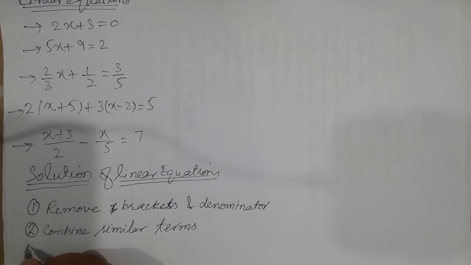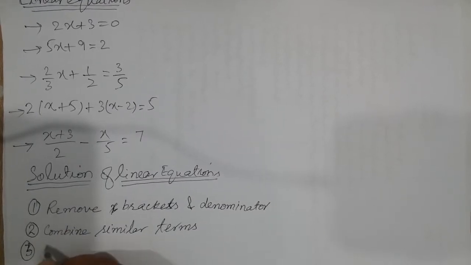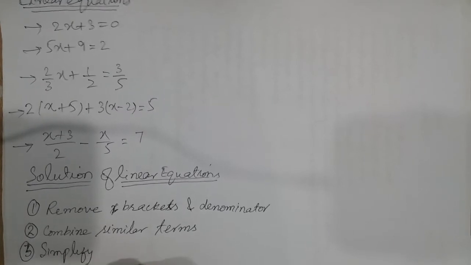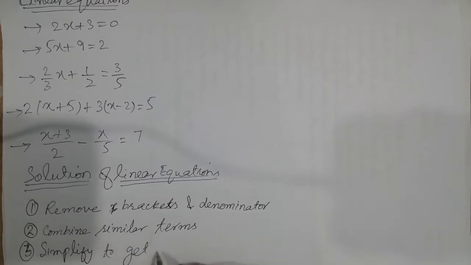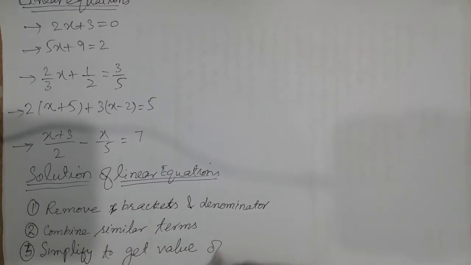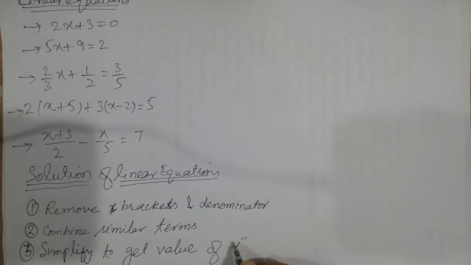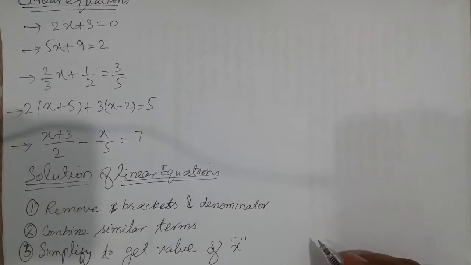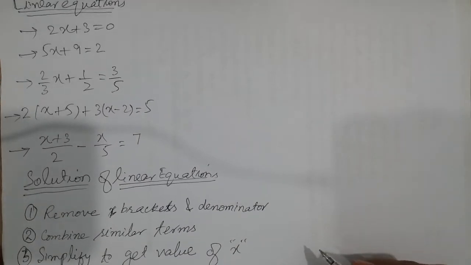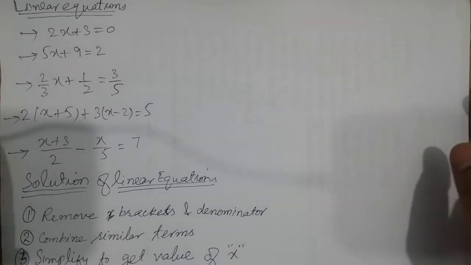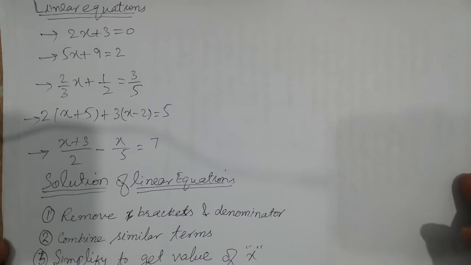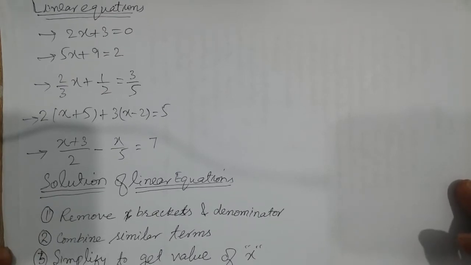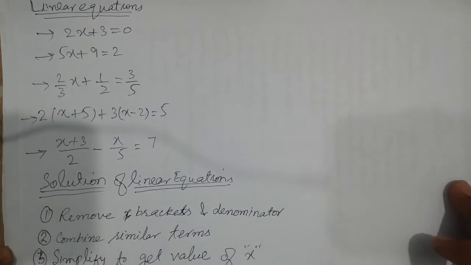And the third one is we have to simplify to get the value of x, which is the variable in the equation. So these are the main points which are important to understand if we want to solve linear equations.